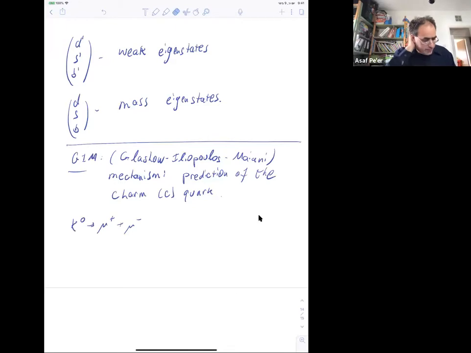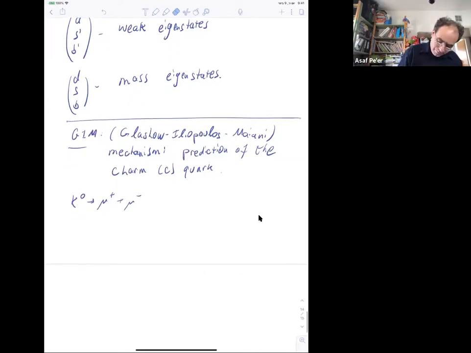Now, at the time that they wrote it, only the U, D, and S quarks were known. So there is only one leading order diagram with the amplitude, looking something like that.